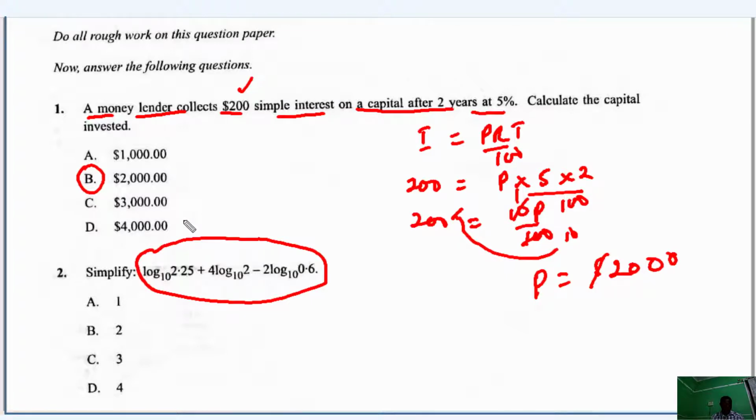We start: log 2.25 plus 4 log 2 minus 2 log 0.6.